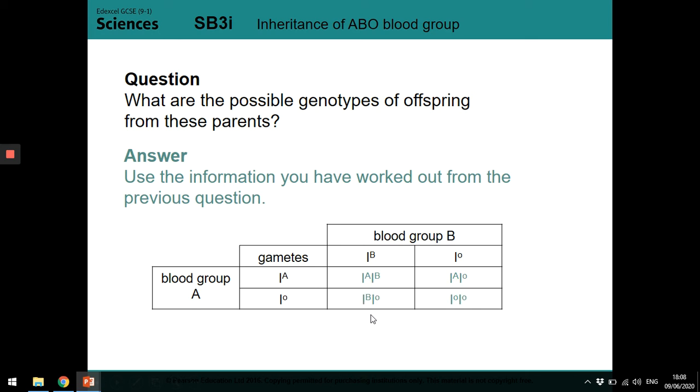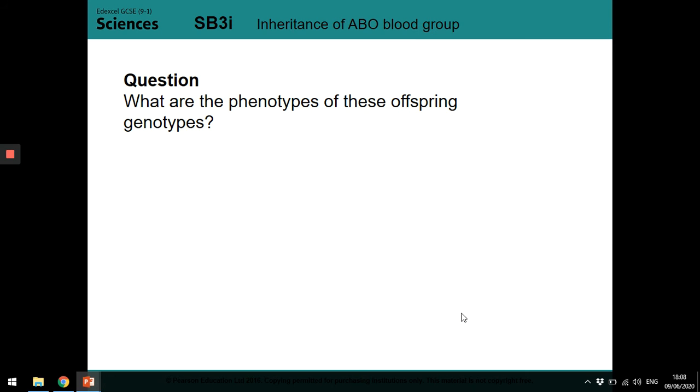So if we filled this in, we would end up with one potential offspring being an AB blood group, one potential offspring being A blood group, because here the A is dominant over the O. This would be a B blood group because the B is dominant over the O, and this would give an O blood group because there are 2 recessive alleles there, so you would see that as a phenotype.